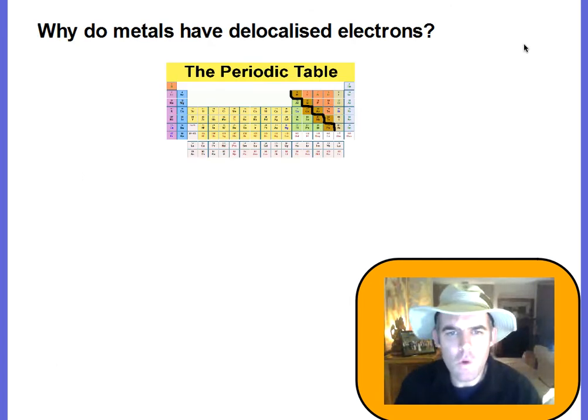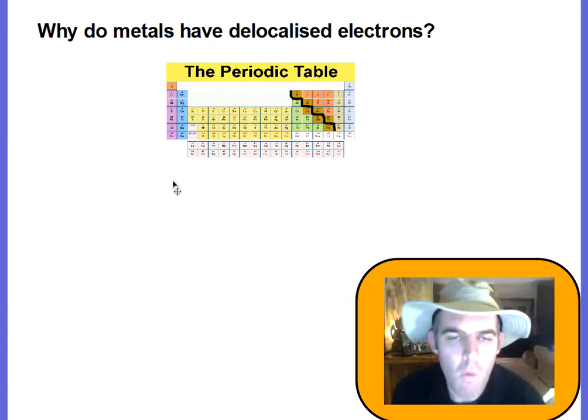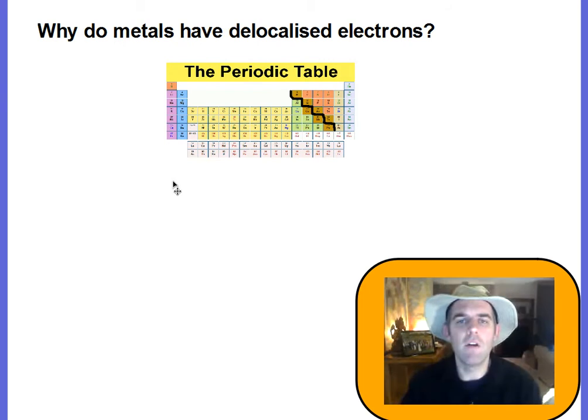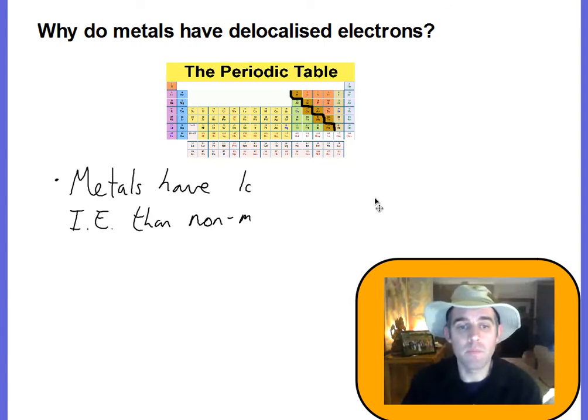So why do metals form this type of bonding? Why can they have delocalized electrons? Why can their outer shell electrons move away from the atom? Well, metals have lower ionization energies than non-metals in the same period.